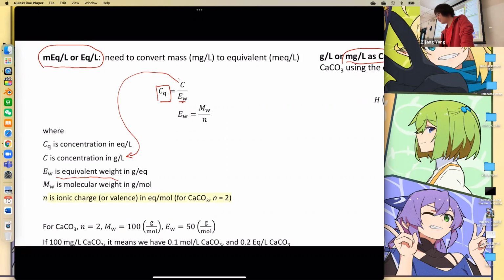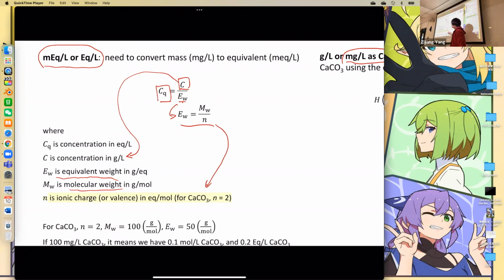So the C is usually known because we know the concentration of the chemical, but EW can be calculated by this equation. So EW equals MW, which refers to the molecular weight, which is usually known, and N here refers to the ionic charge or valence in equivalent per mole.